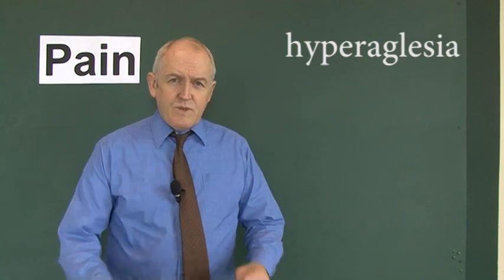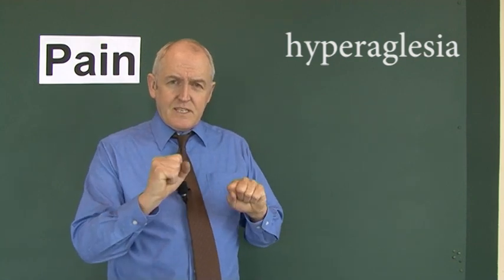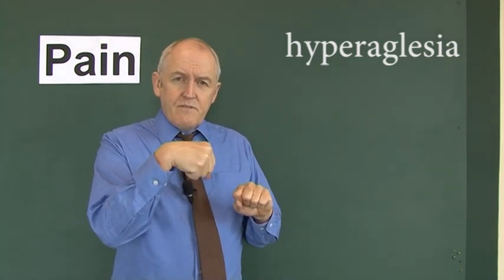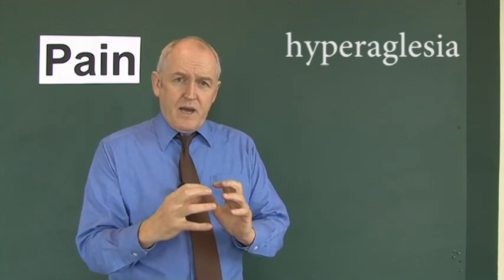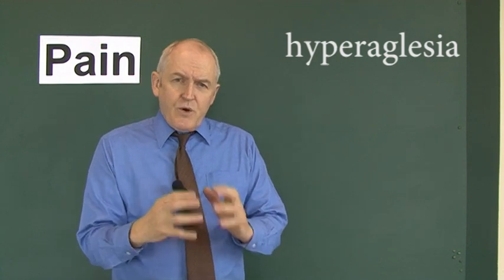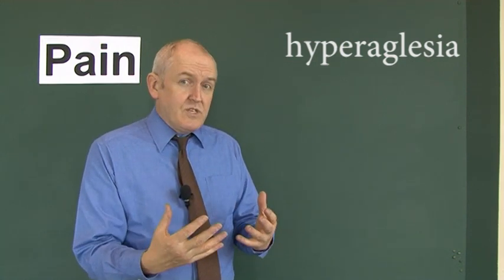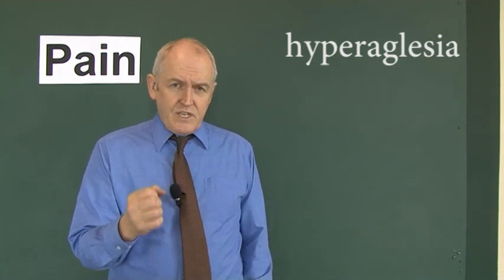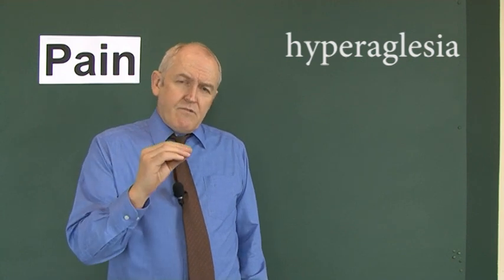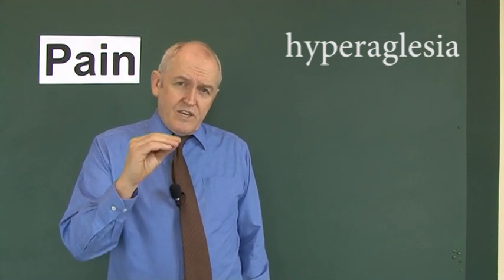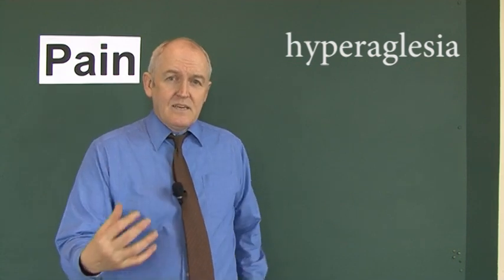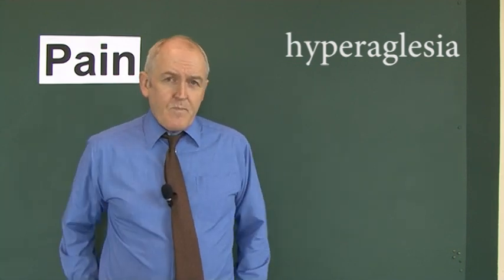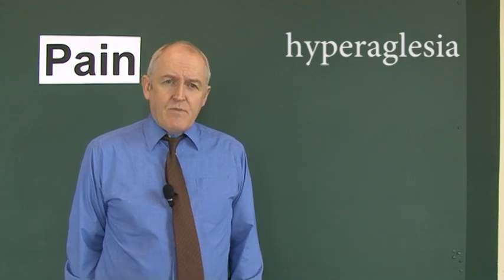Or if you've seen patients with arthritis, painful joints, a movement that for you causes no pain at all, for that patient can cause a lot of pain because the joint capsules, which are rich in nociceptors, are hyperalgesic. The depolarization threshold is lowered, meaning transduction occurs more easily, and the patient gets a painful stimulus. There's a hyperalgesia.